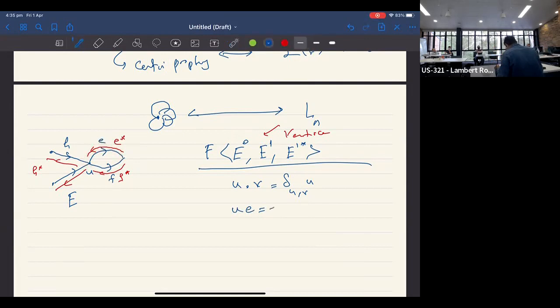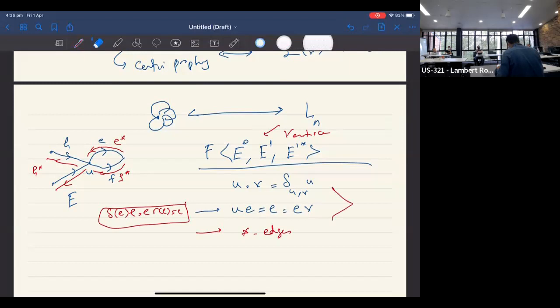You travel e. Same story as e times the target. So if I want to write this intelligently, in terms of formula, it's the source of e times e equals e, equals e times the range of e. You do the same sort of thing for the star edges, the same story. So far you get a path algebra.